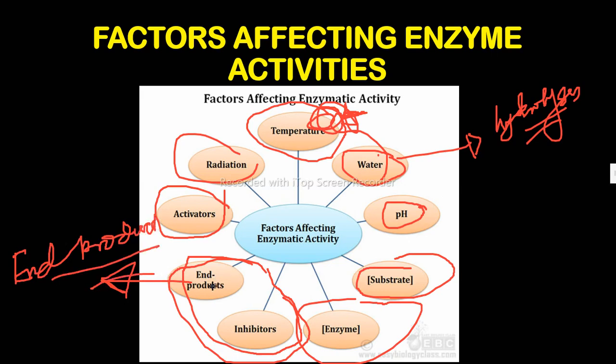So if the end products accumulate, for instance, then they are going to inhibit the enzymes, so that you reduce the rate of enzyme activity, so that you produce less products at that particular moment, or no product is formed even.